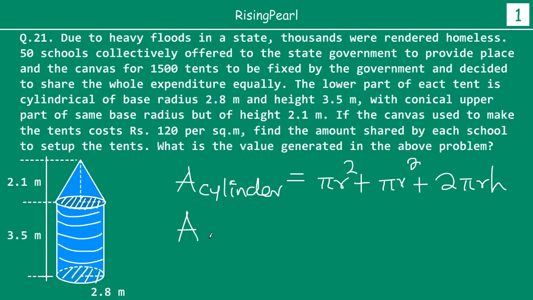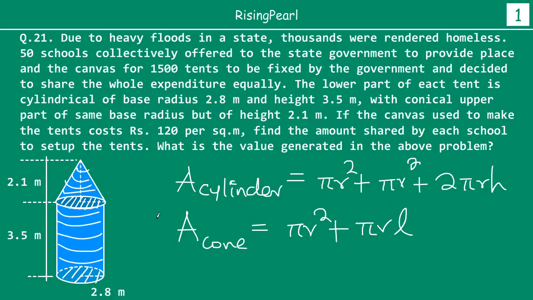Similarly, for the area of a cone, the base is a circle, pi r square, plus the curved surface area of the cone, whose formula is pi r l.